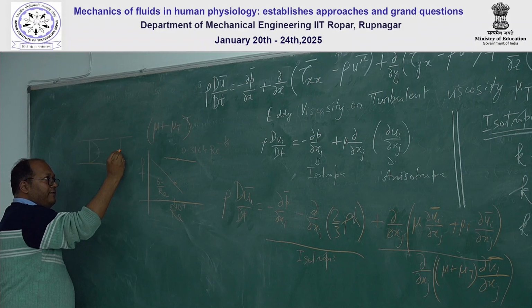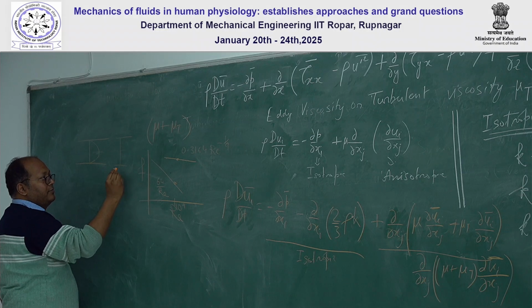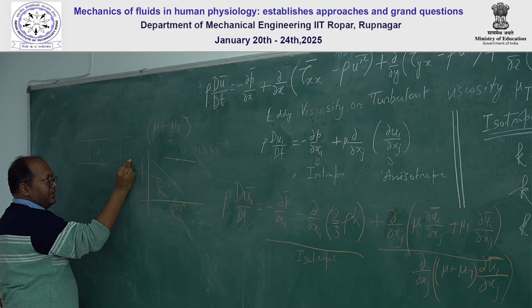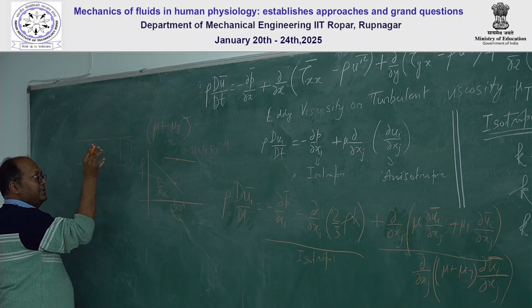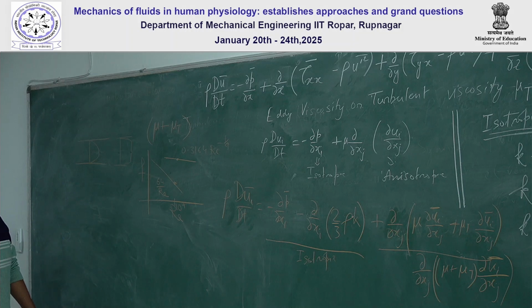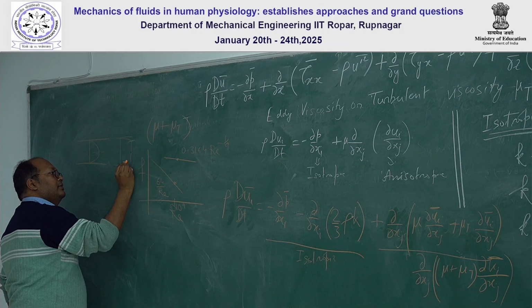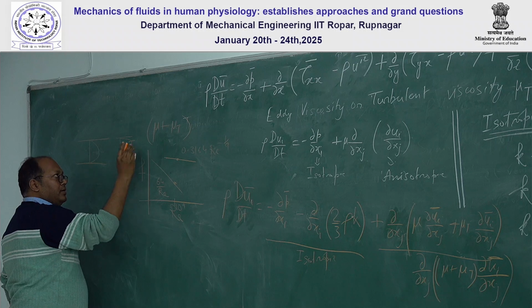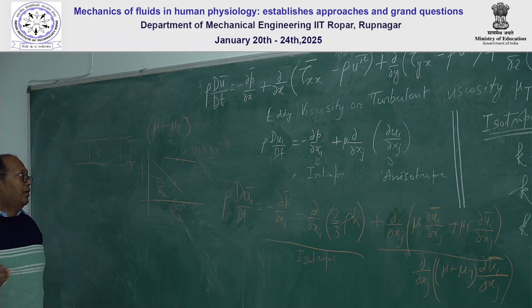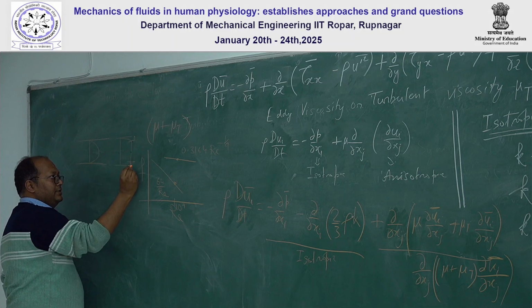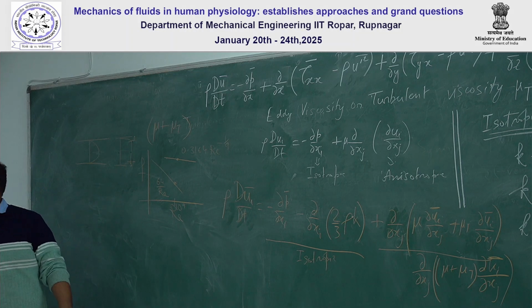So roughly, when we draw the turbulent flow for, let's say, a pipe, it looks like this. The maximum velocity is lesser than this one, and most of the part is uniform, like axial flow. Only in these regions will there be very high velocity gradient.